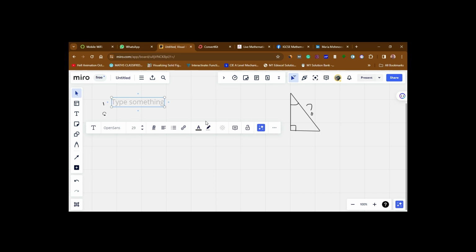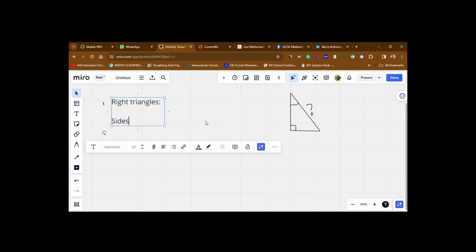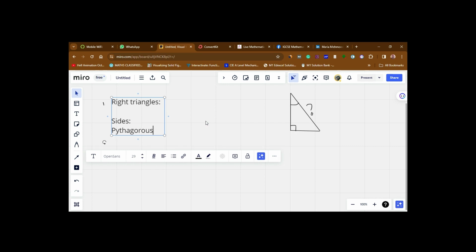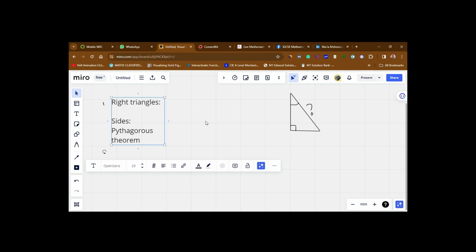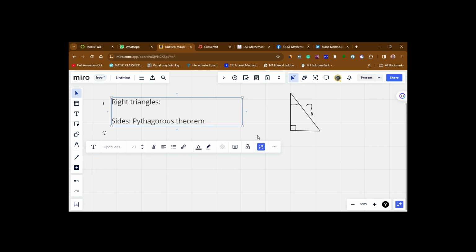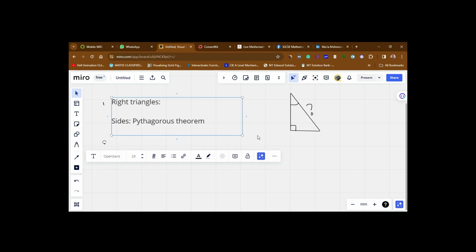So whenever we want to find out the sides, we use it, and whenever we need to find out the unknown interior or exterior angles, we take the help of trigonometric ratios.